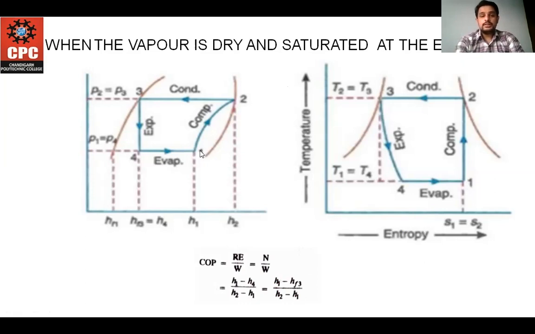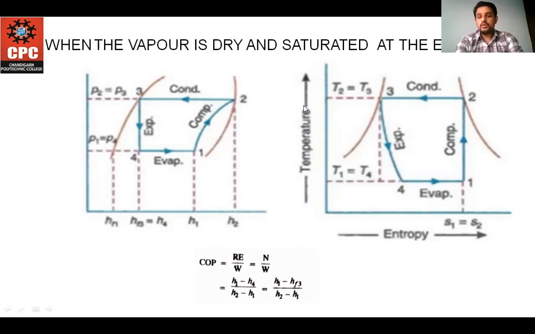So point 2, the end of the compression process, is coming over the saturated vapor line. In this case, the diagram will look like this.